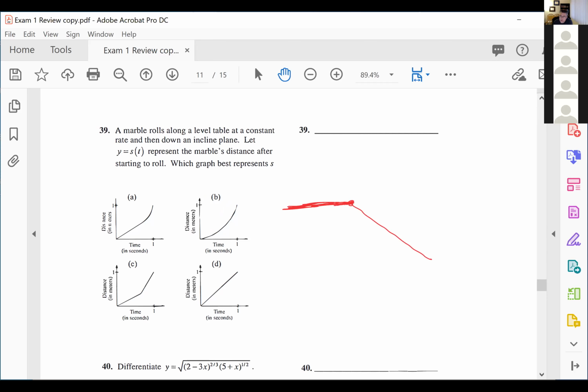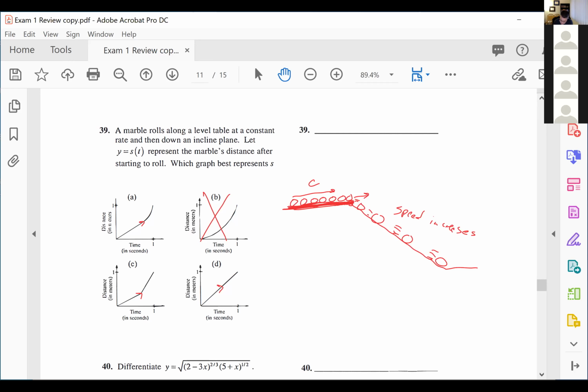Where'd my graph go? Come back. Okay, so then it travels down an inclined plane. So this is where you're speeding up. Your speed increases. Okay, so it's speeding up. It keeps speeding up faster and faster.